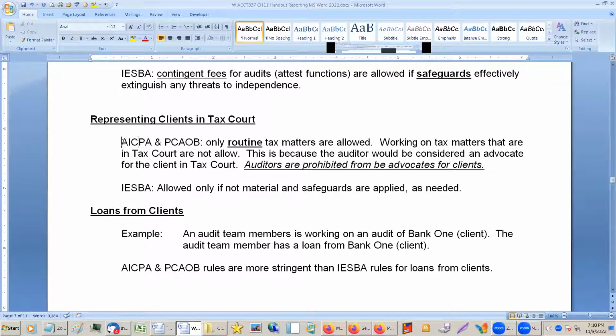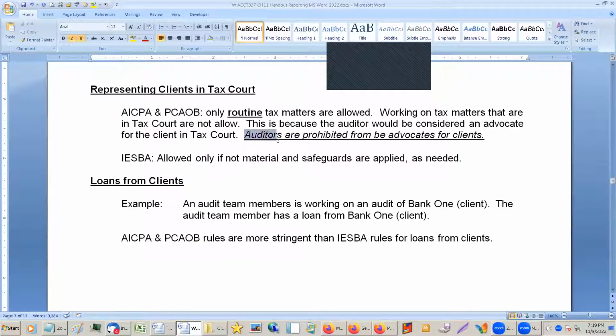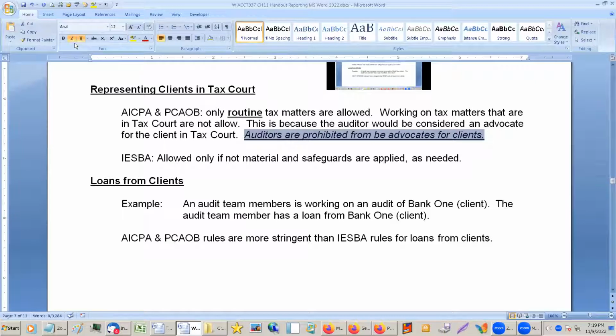Represent clients in tax court. Basically, this is not allowed for a US company. Only routine tax matters are allowed, and routine tax matters don't end up in tax court. For instance, paying the sales tax or something like that is not controversial. But if you end up in tax court, then you're looking at a legal case, and auditors are prohibited from being advocates for clients. We're supposed to be the guardians.